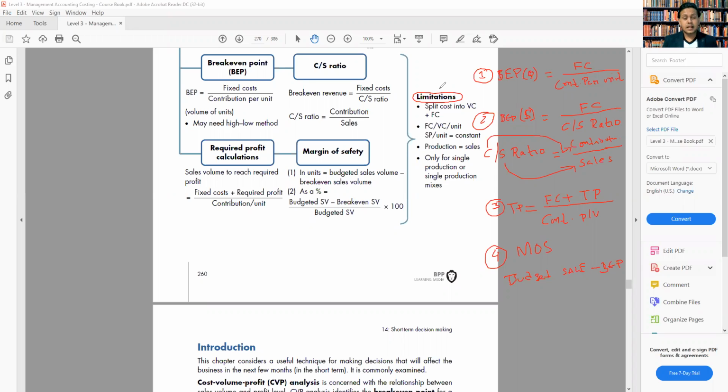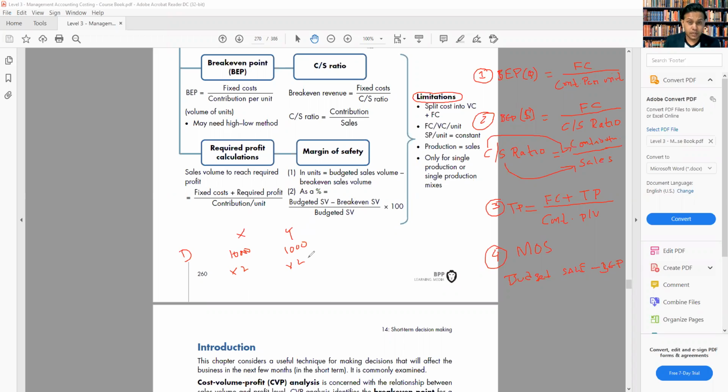For example, let's say we want to make two products, X and Y, and we have demand in the market of 1000 units for X and 1000 units for Y. To make 1 unit of X, we need 2 hours of labor.